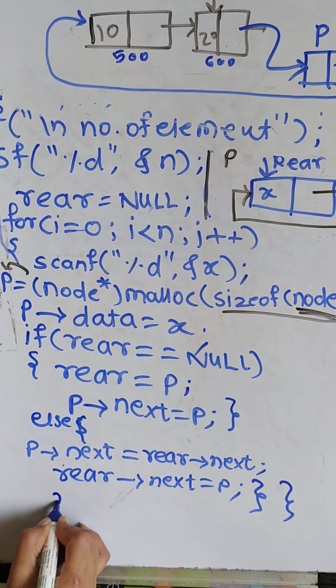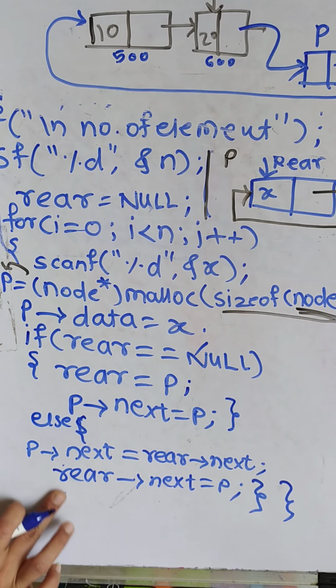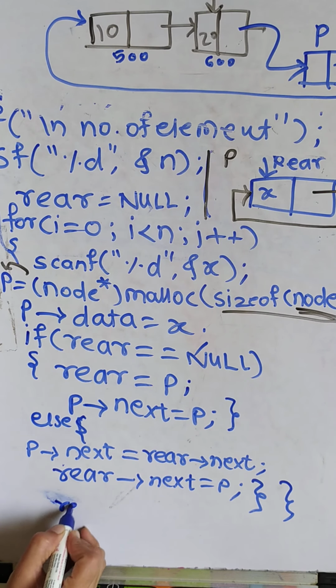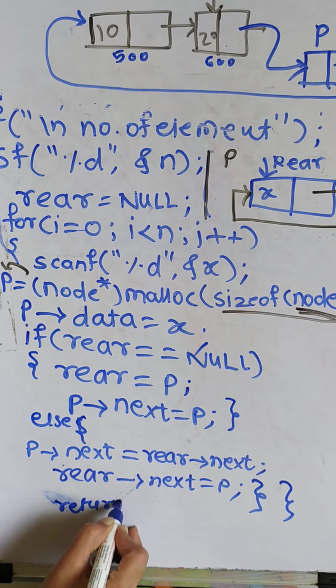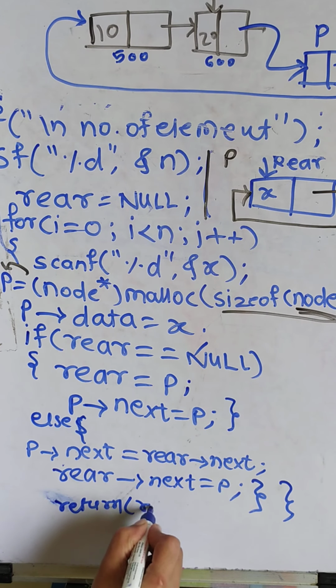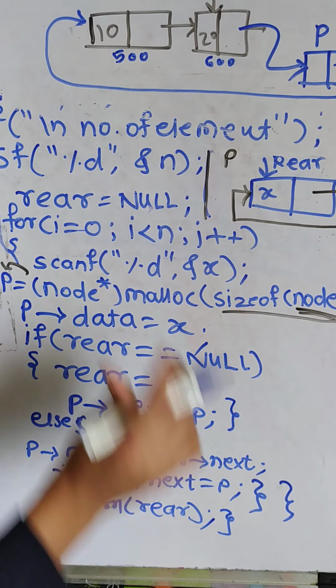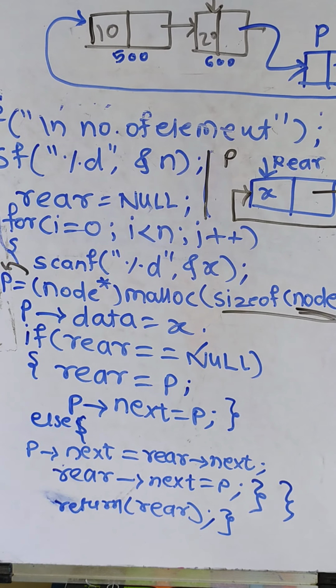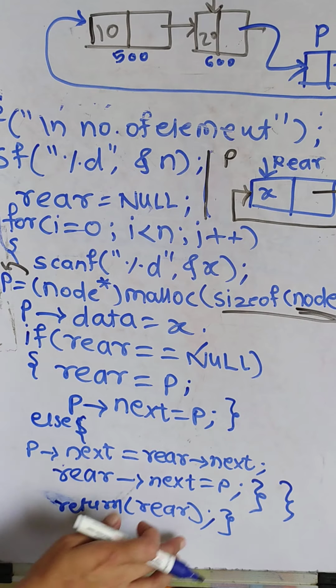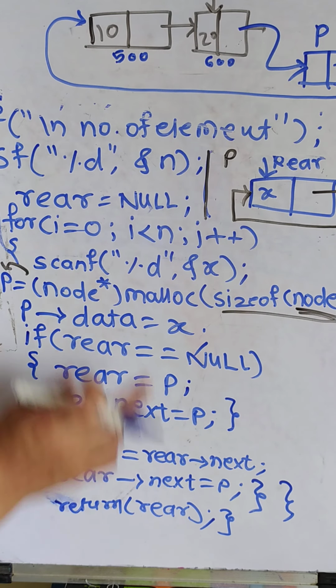And after these two curly brackets, we need to write return rear. Return rear means we are returning this rear. We will use this rear in the next cases for printing, for traversing, for insertion. At that time we need this pointer rear, so we are returning the rear from here.